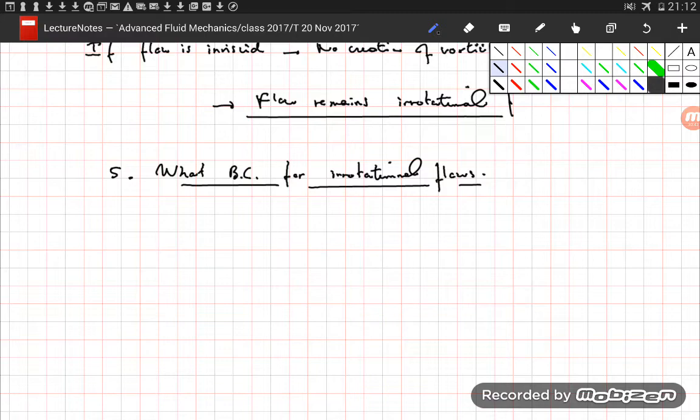So the only boundary condition we can impose in this discussion about irrotational flows is the no penetration boundary condition. So in that case, we will impose the no penetration boundary condition. Remember, the no penetration boundary condition has to do with mass conservation at the boundary.